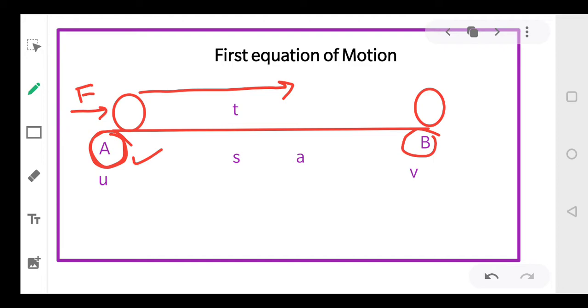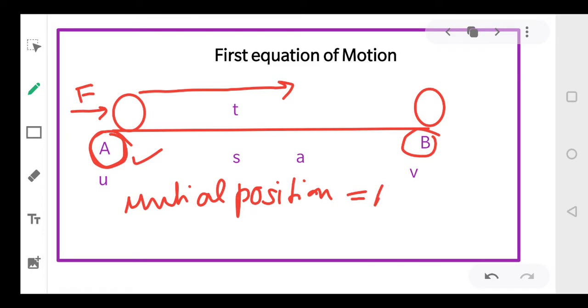So what is the initial position of the object? A. Initial position means where is the object initially present? Starting, A. And what is the final position?